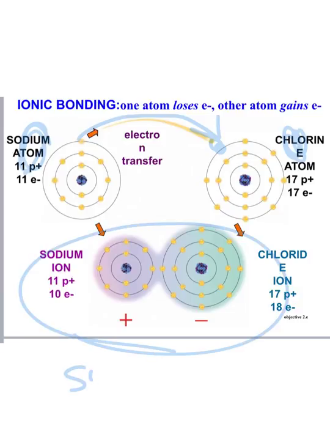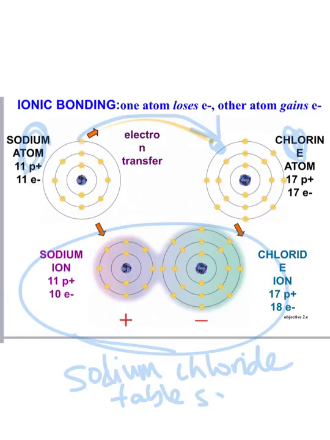This is what we call sodium chloride or table salt. This is NaCl, so sodium and chlorine, joined in an ionic bond where one atom, sodium, gave up an electron, and one atom or ion, chlorine, took on an electron. This is an ionic bond where atoms are either gained or lost.